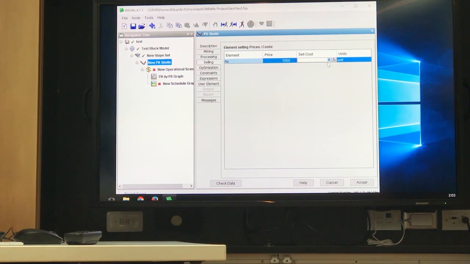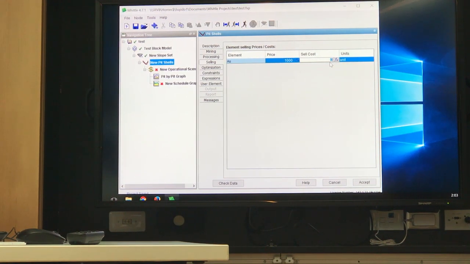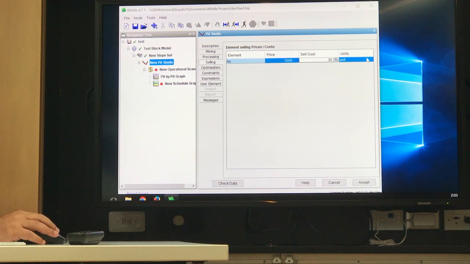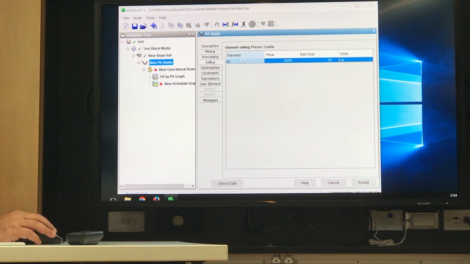So let's put some number here. I put $35, and then per what? Per troy ounce, right? $1,000 per troy ounce is the price, and the cost is $35 per troy ounce.